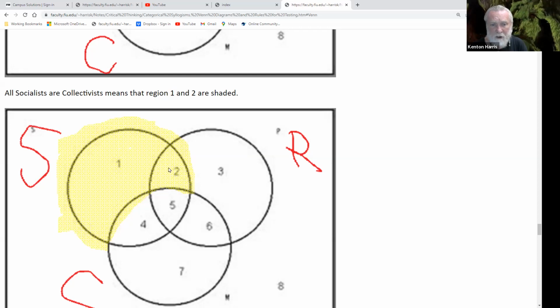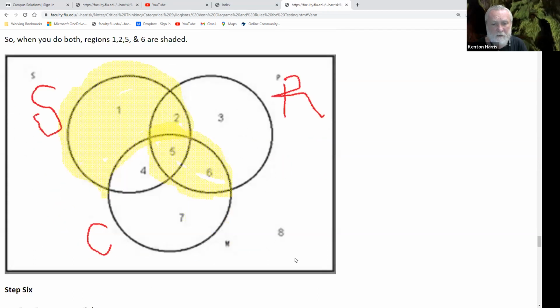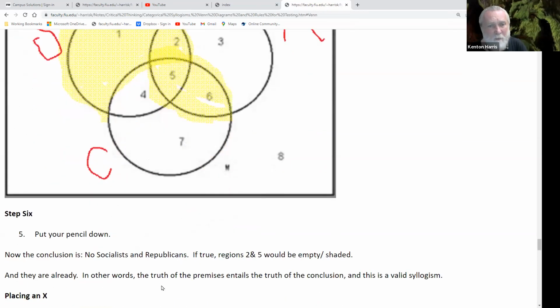So we would shade to indicate that these two regions are empty. When we've done all of our shading, we've shaded regions 5 and 6, and regions 1 and 2. So when we're done shading, this is what our diagram looks like. Then we put our pencil down, okay?